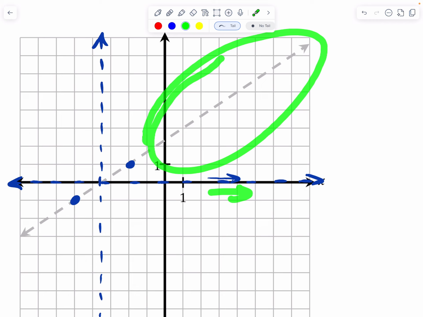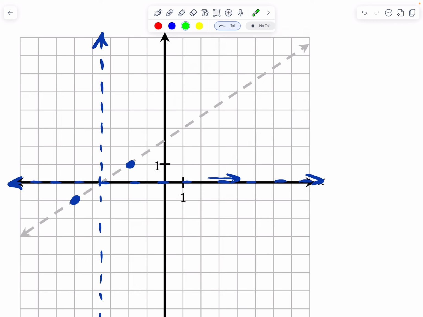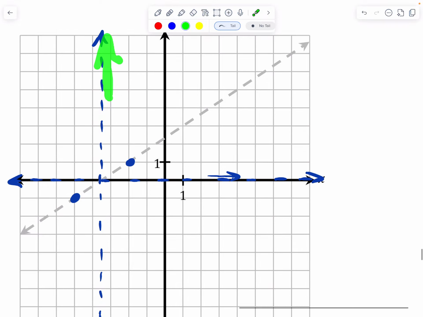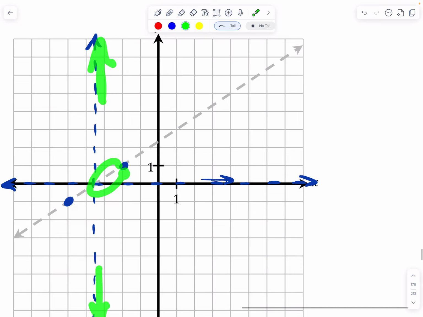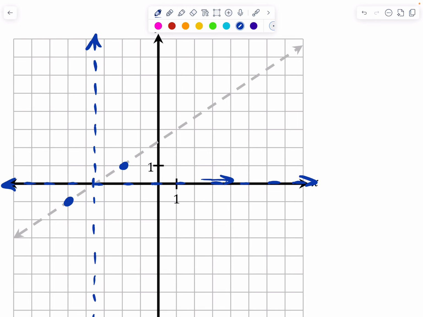The reciprocal of a positive number is positive. Similarly, as I get close to this asymptote, I'm going to try and get really close to it, but at this top end, not at this bottom end, because I'm taking reciprocals of positive values, so my results are going to be positive.